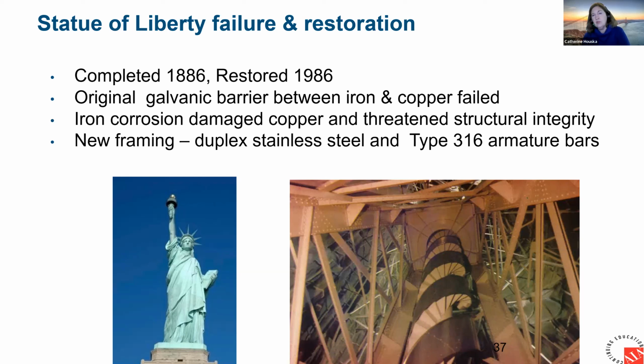So the first, as far as we know, large duplex stainless steel structural application that was not industrial was the duplex stainless steel sections that are between that center core and the copper. So everything you see in the space between that core and the outside is duplex stainless steel. The armature bars, those that directly support the copper, are type 316.